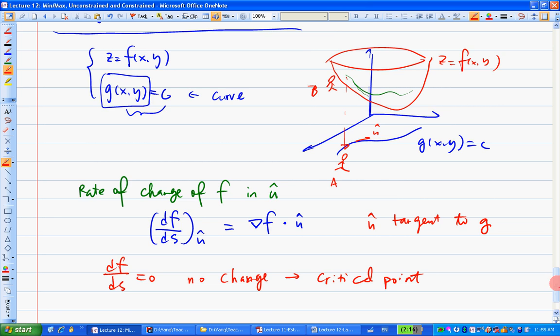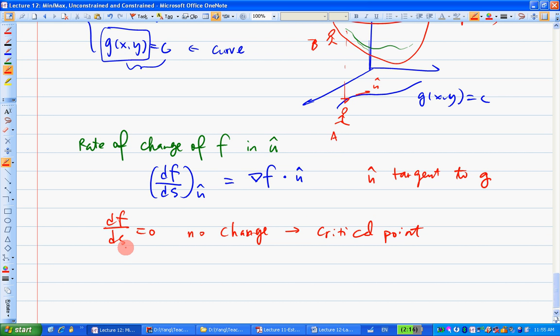So that's great. All I'm trying to do now is set this directional derivative equal to 0, and I will be able to find the critical point while I'm walking along this curve g. If this is 0, what's the relationship between del f and u hat? Perpendicular.